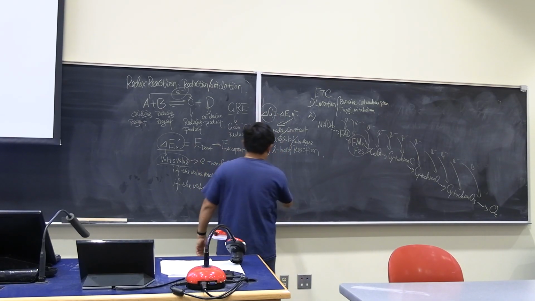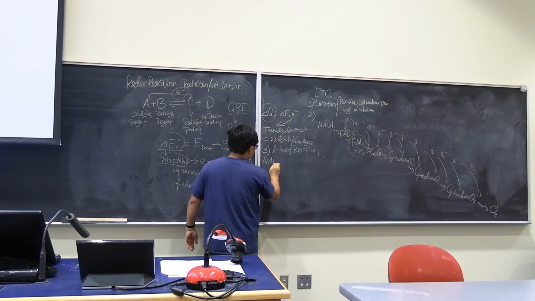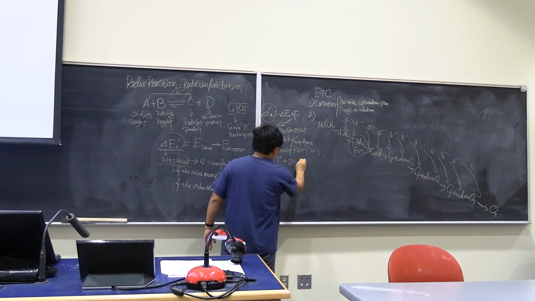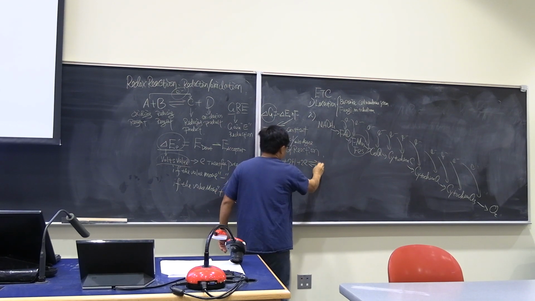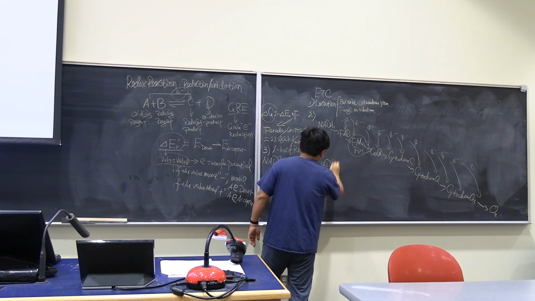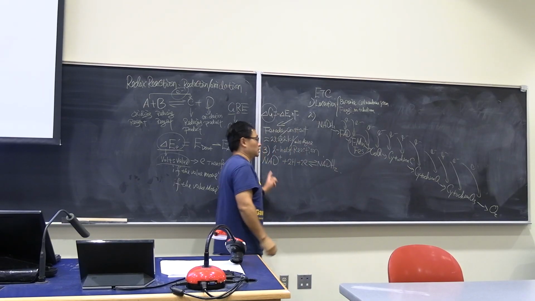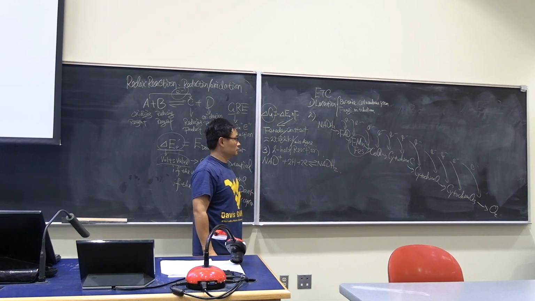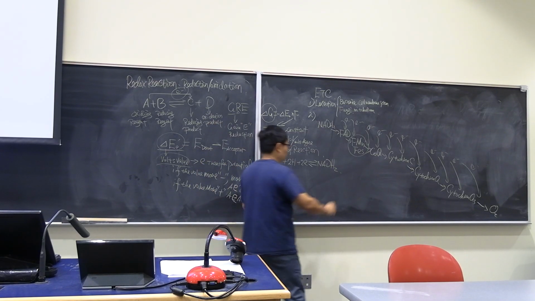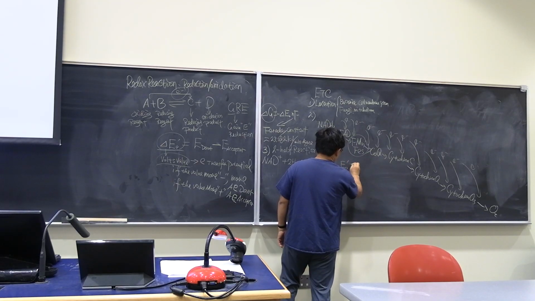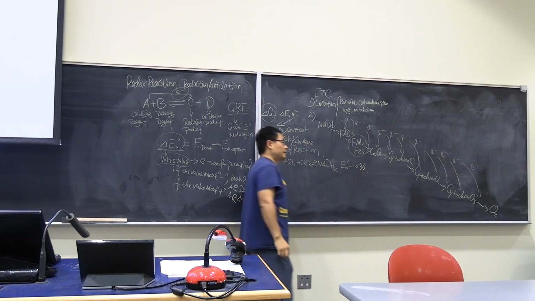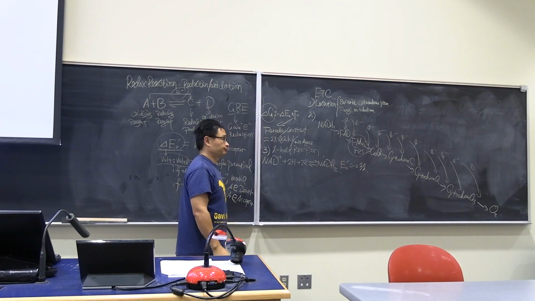So let's say NAD. What is this called? Nicotinamide adenine dinucleotide. Okay, what's the voltage value? Very negative, minus 0.32.